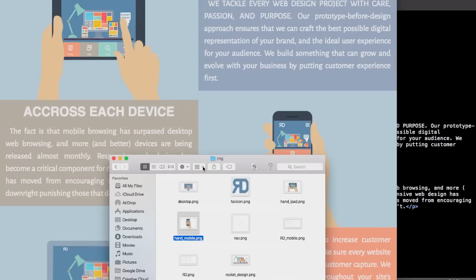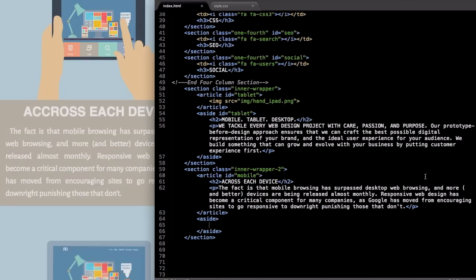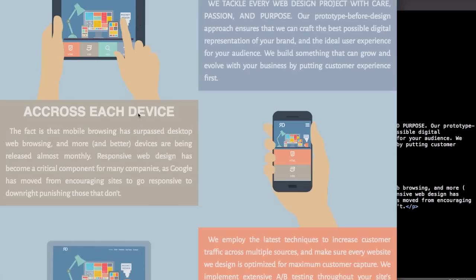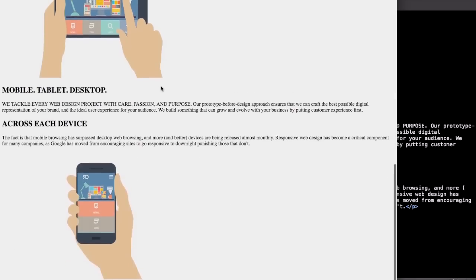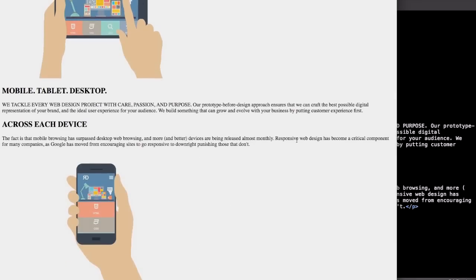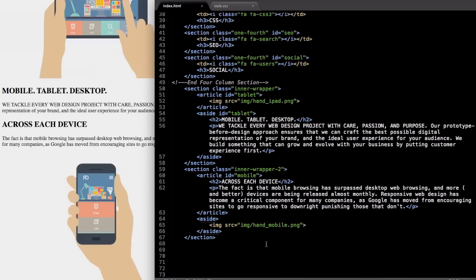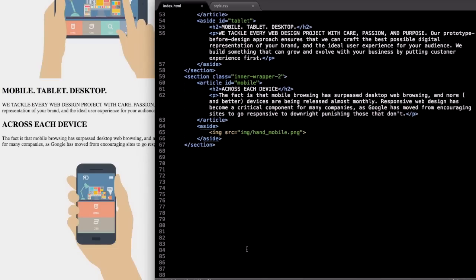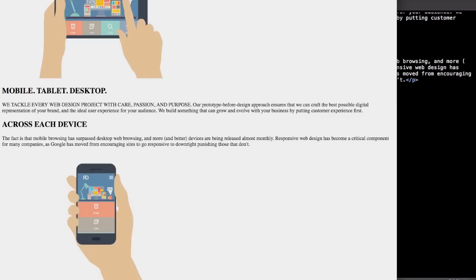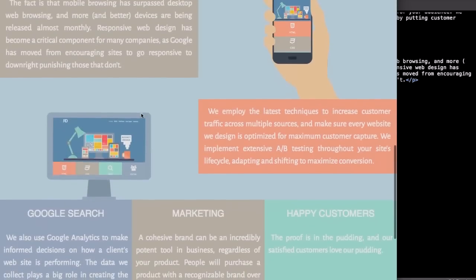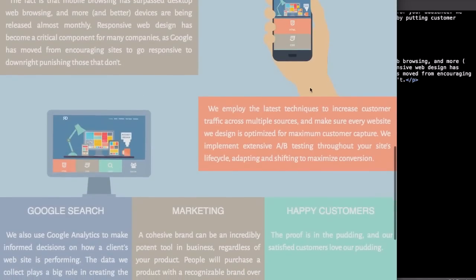So just write img src and then img/hand_mobile.png. Okay, and then if we refresh our version, there we have the hand displaying there with the transparent background using the PNG extension.